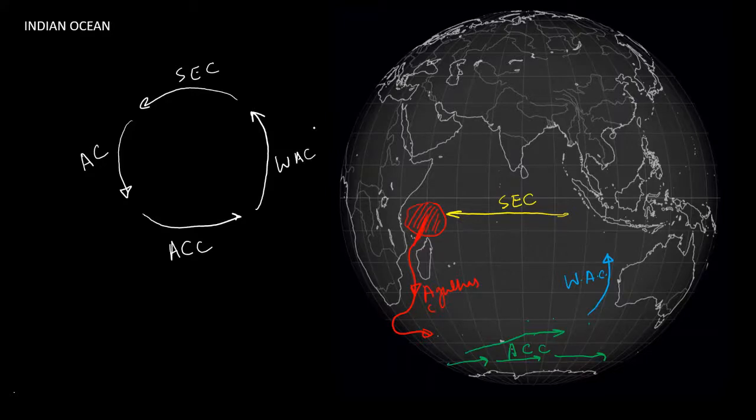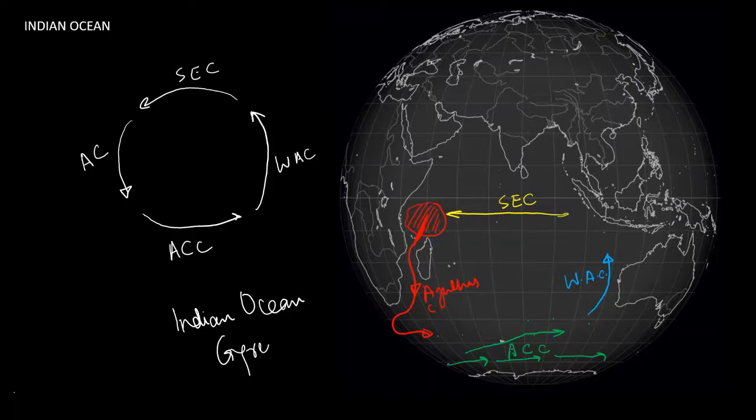So these four currents make what we call the Indian Ocean Gyre. So if a question is asked, what are the four currents that make up the Indian Ocean Gyre? Then these are those four currents: South Equatorial Current, Agulhas Current, Antarctic Circumpolar Current, and West Australian Current.